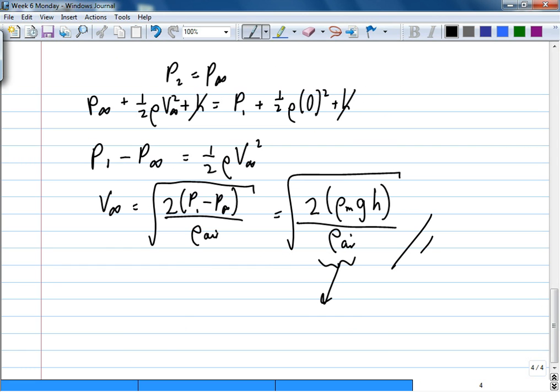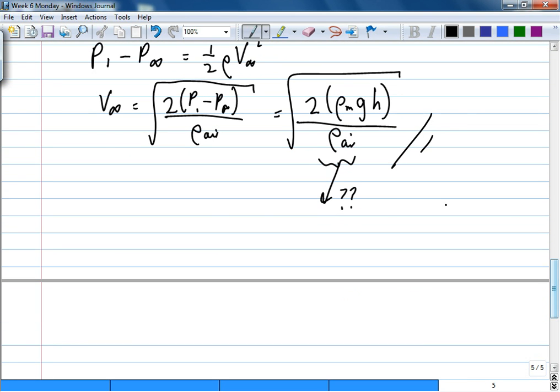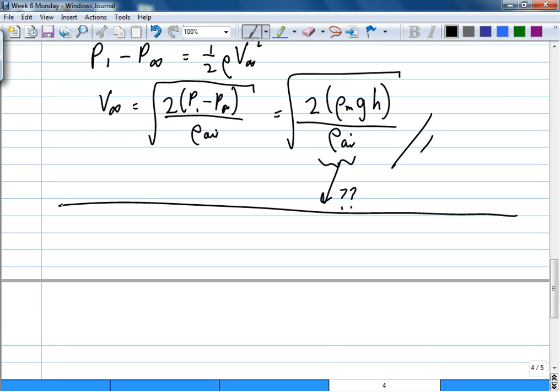Because rho air tends to change depending on altitude, temperature and so on. The density of air changes a lot, so there could be some problem there. As long as the density of the air or the gas that you're measuring is known accurately, then you're okay. If not, then there is some error. Any questions so far?